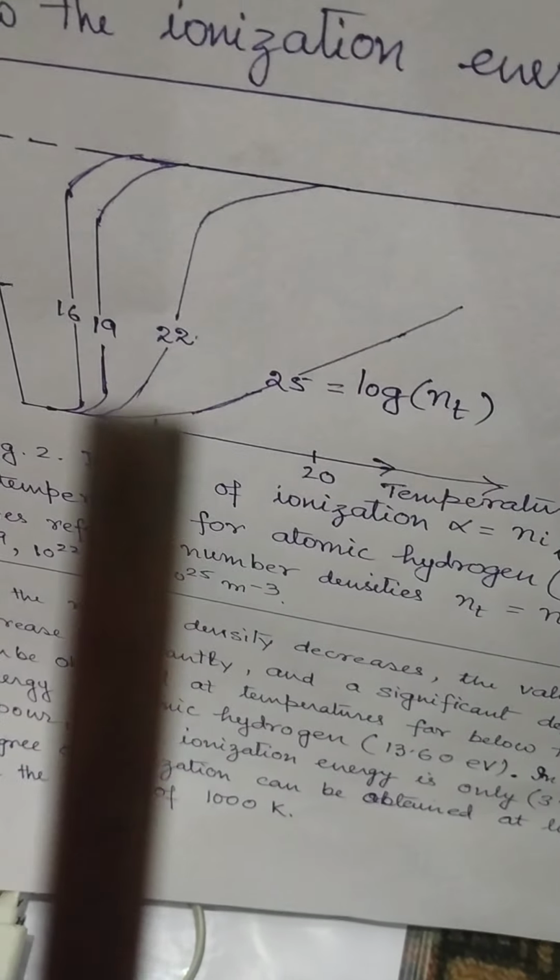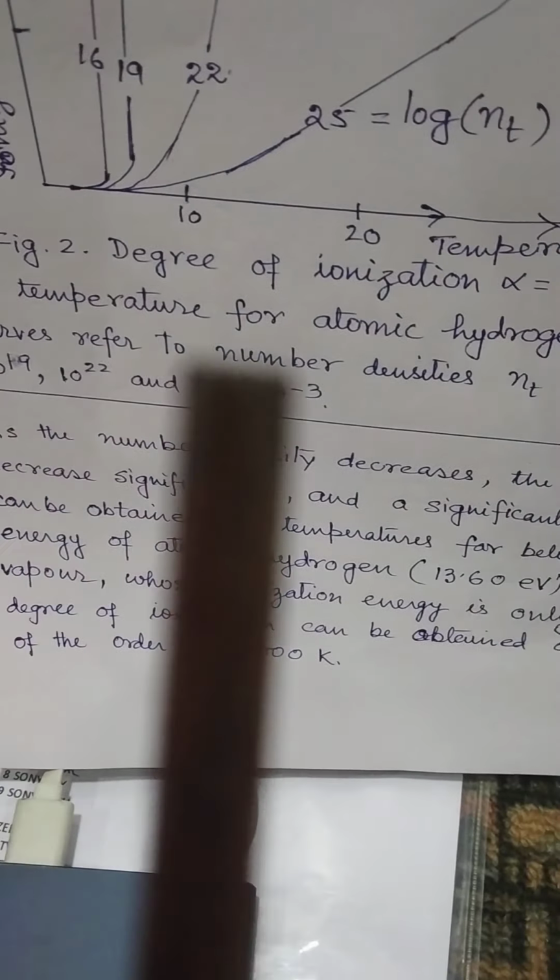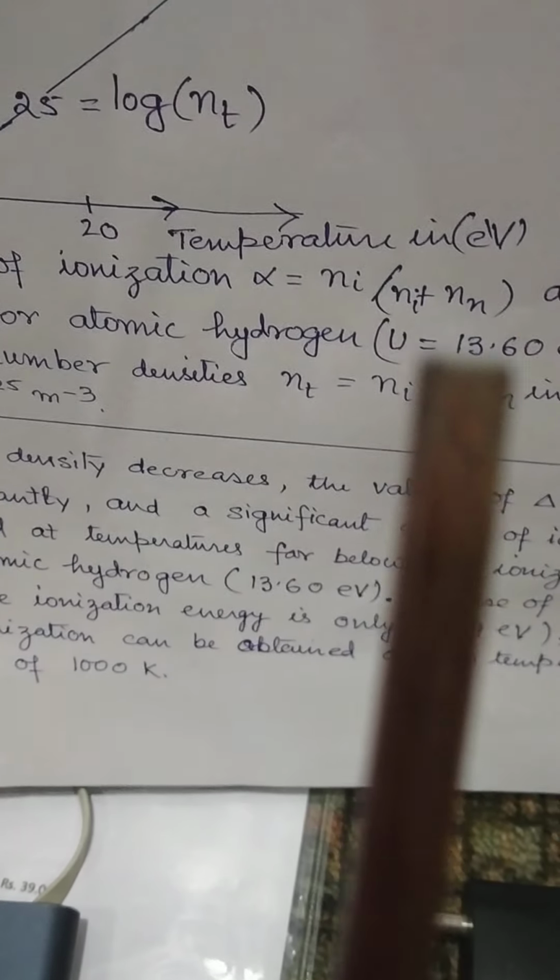These are the number densities, that is 10^16, 10^19, 10^22, 10^25, which is the log of Nt. Nt is the total number density, that is ni and nn. Now, this is the degree of ionization alpha, ni upon ni plus nn, as a function of temperature for atomic hydrogen.